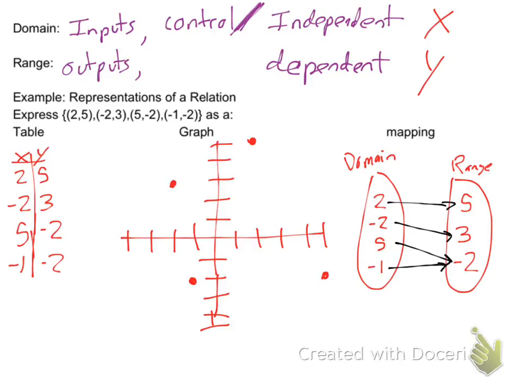So, would you guys be able to, as well, if I gave you a mapping, make a graph, make a table, and state the points? So be ready, guys. If I gave you any of the 4, you could write the other 3. That's all fair game.